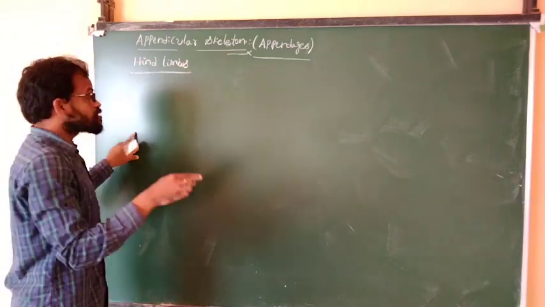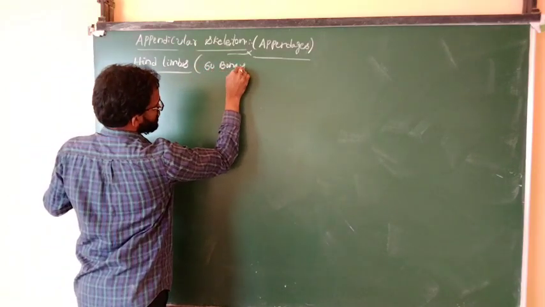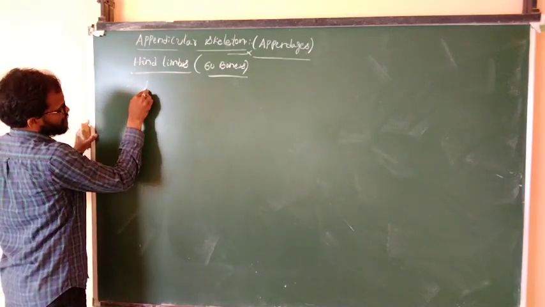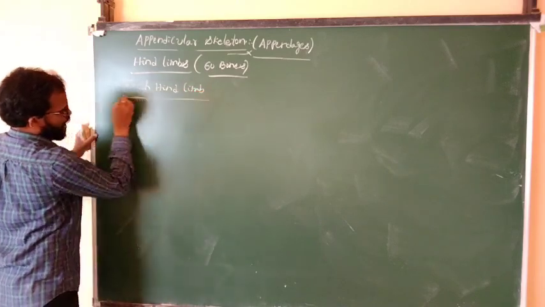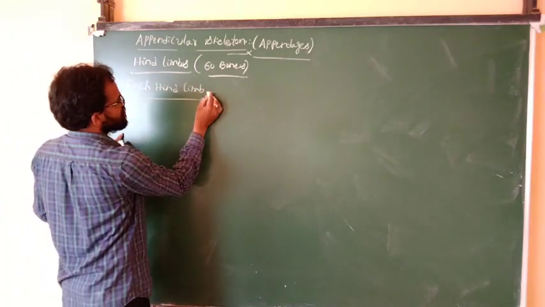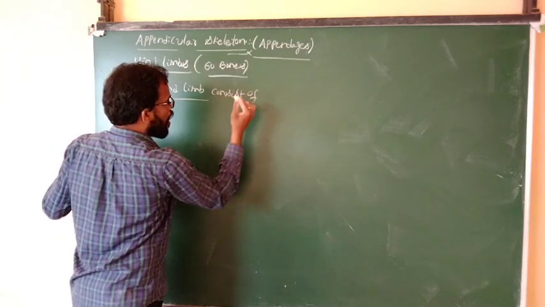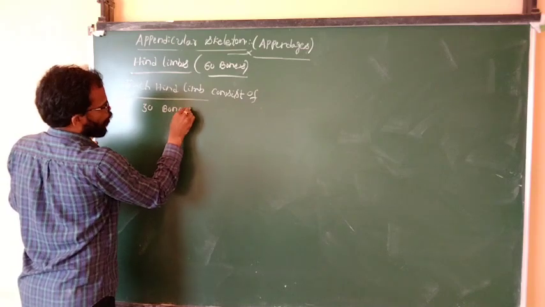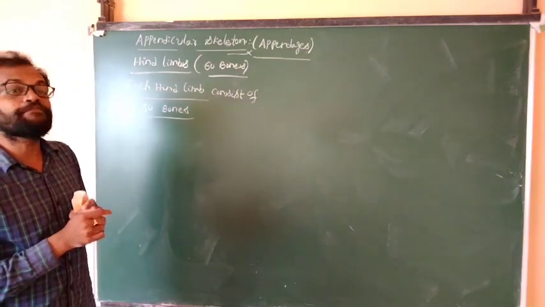Both hind limbs consist of 60 bones. Each hind limb consists of 30 bones.